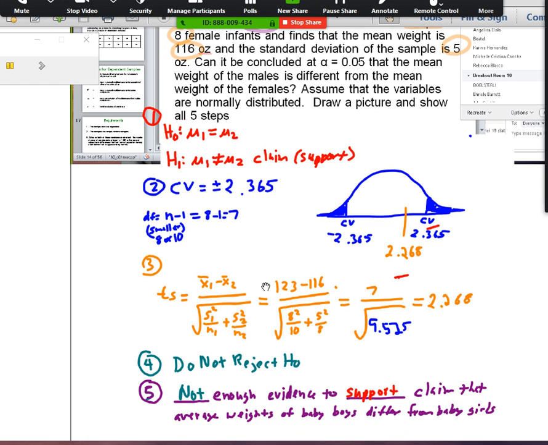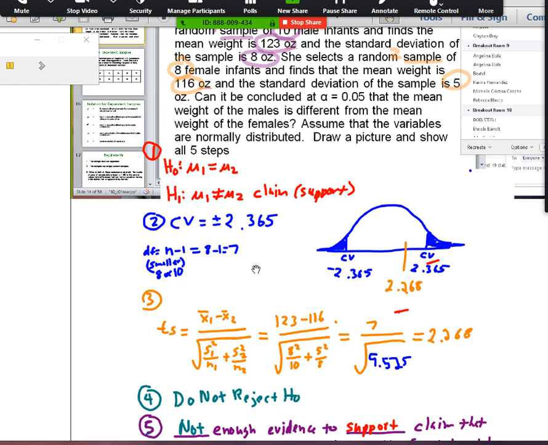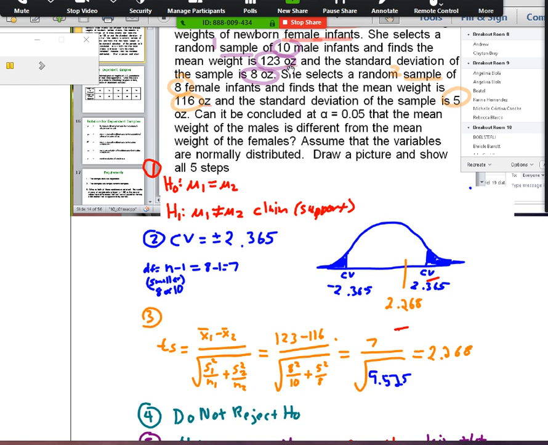X bar 1, that was 123 ounces, and X bar 2, 116 ounces. So my numerator is going to be 7. And the denominator is going to be S1, 8 ounces, squared divided by N1. So 8 squared divided by 10, N1. And then S2 squared, which is 5, divided by N2, which is 8. So 5 squared over 8.